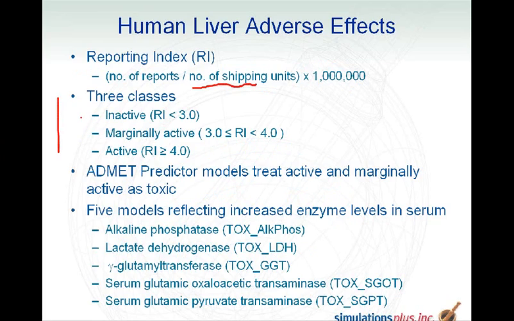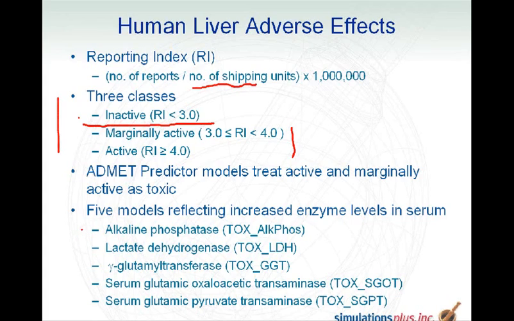The RIs fall into three classes: inactive, if it has an RI below 3; marginally active, between 3 and 4; and finally active, greater than 4. What we did was just create a binary classification model to classify it either as inactive, and then group these two together and call those actives.